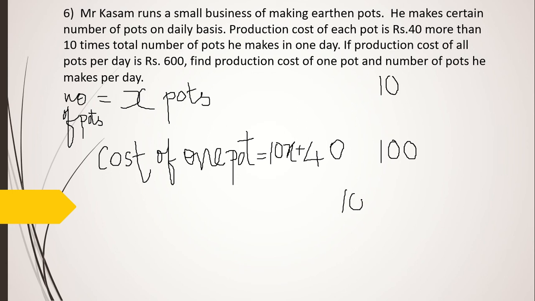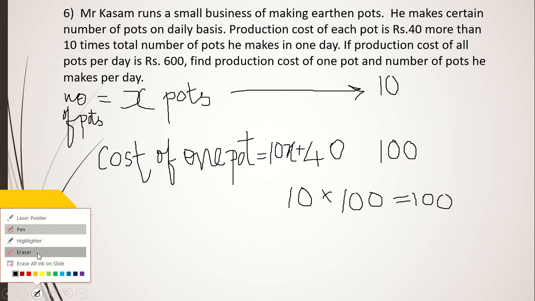So production cost of 10 pots is going to be 100 into 10, no? He makes 10 pots every day and cost of one pot is 100. So cost of 10 pots is going to be 1000, right? What we did, we multiplied cost of one pot, that is 100, and number of pots, right?